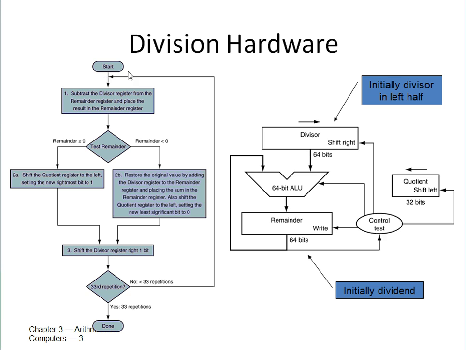And you can see the algorithm goes in, and it basically says subtract. If the remainder is positive, then it was good. And so now you take a look at shifting the quotient and putting the 1 in. Otherwise you restore the value and then shift the divisor and move on.